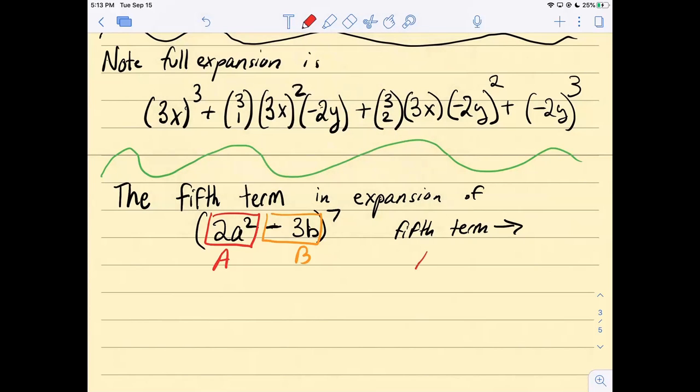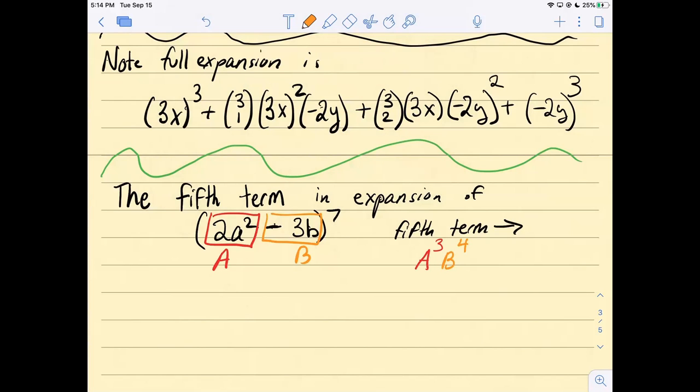So it'll be a to the 3rd and b to the 4th. And that's because in the first term there's 0 b's, right? And you're counting up by 1 b each time.